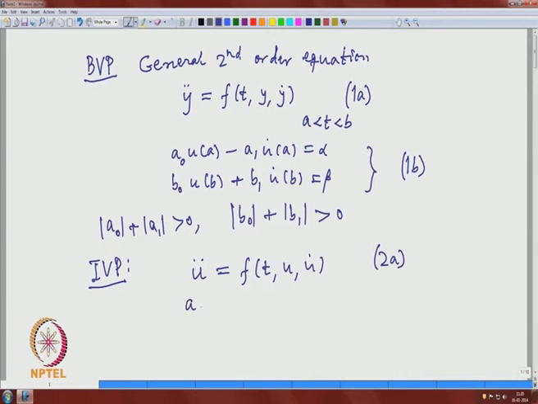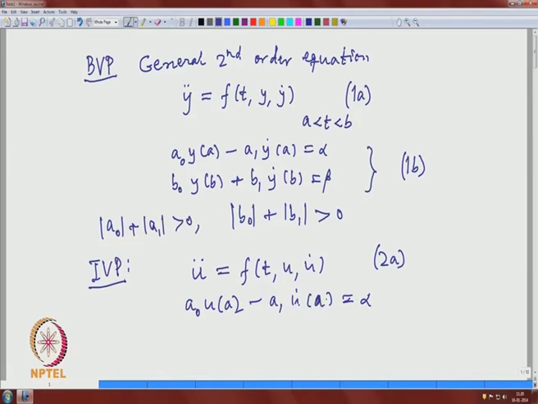Sorry, this is not u, this is y. So, a0 u(a) minus a1 u dot(a) equal to alpha.